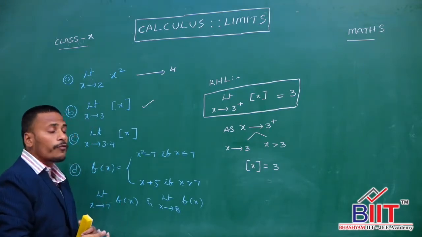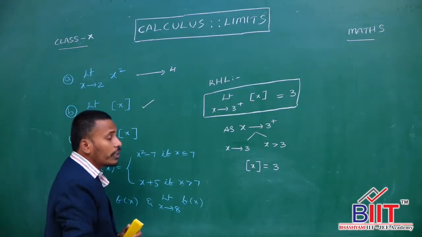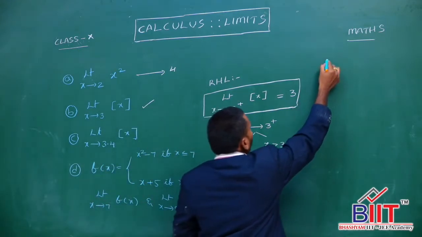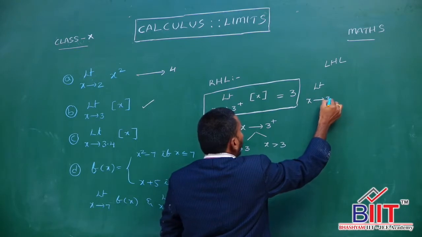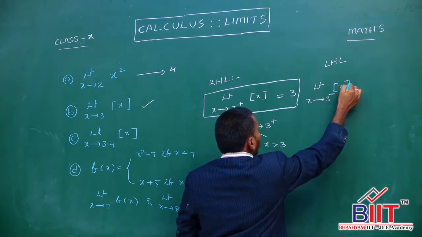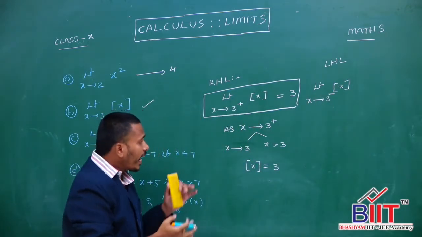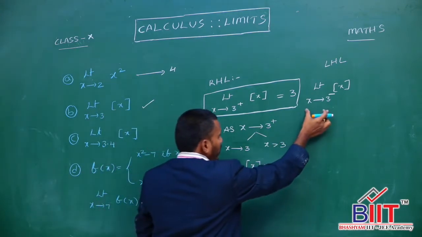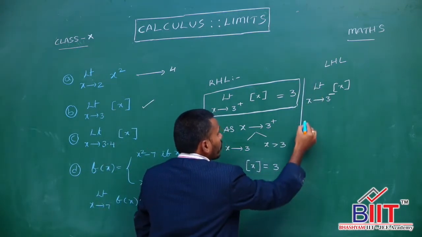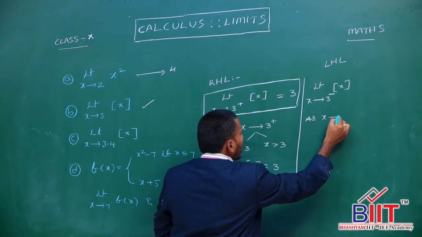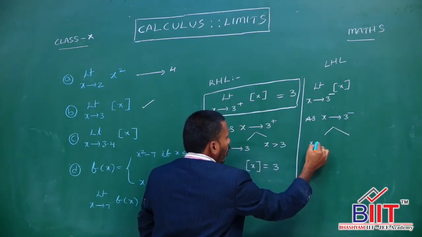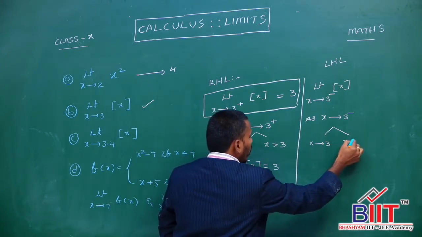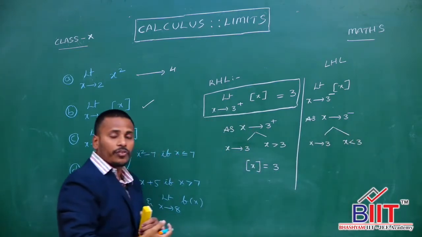Now, in the same way, let us analyze the left hand limit for that function. Here I am going to find limit x tends to 3 minus of step x. Again, just look at how the value of x is changing. Here x is tending to 3 minus. Again, two restrictions are involved: one is x is near to 3 and the other is x is less than 3.